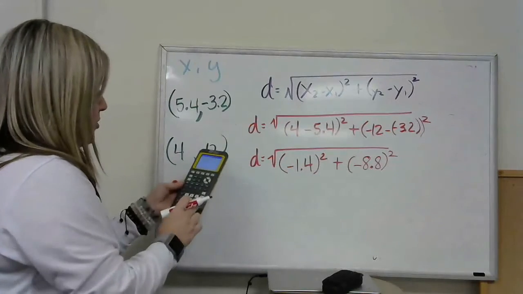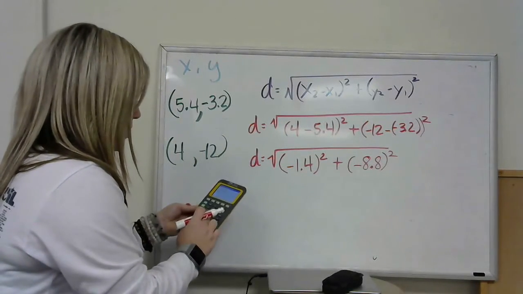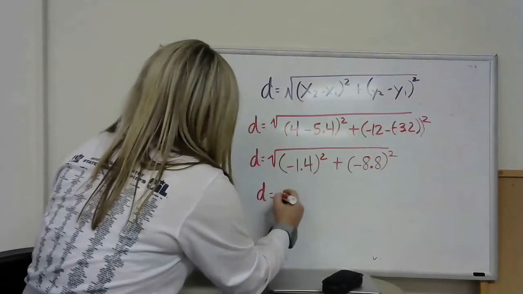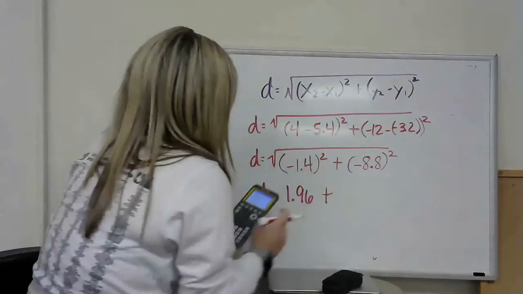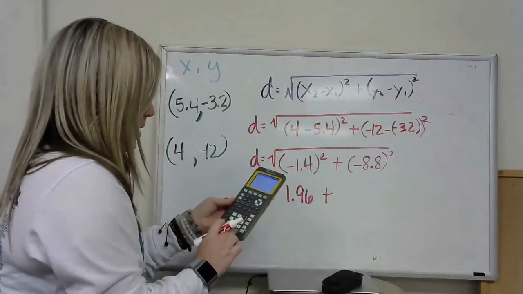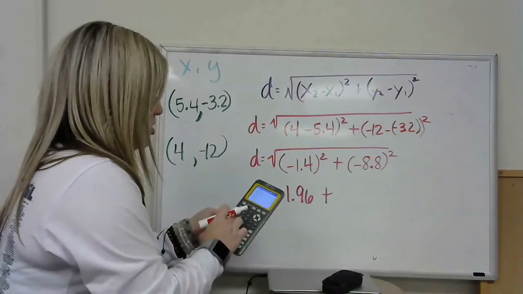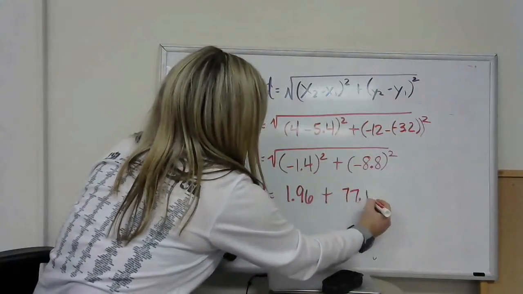Then I'm going to do parentheses, -1.4, close parentheses, square it, and I get 1.96, and then I'm going to do another parentheses, open, -8.8, close parentheses, square it, and I get 77.44.